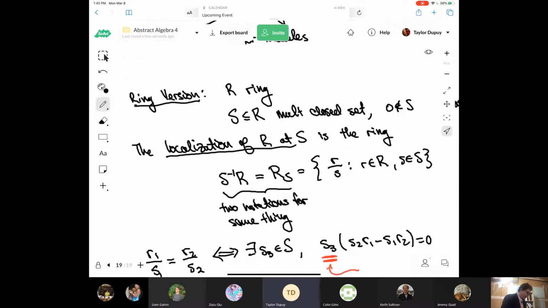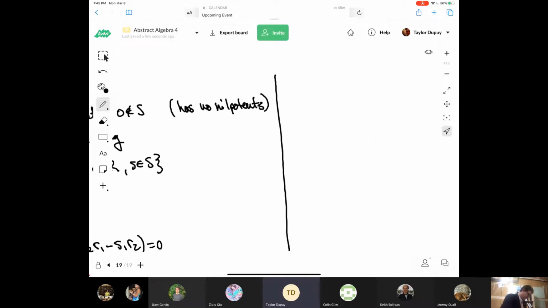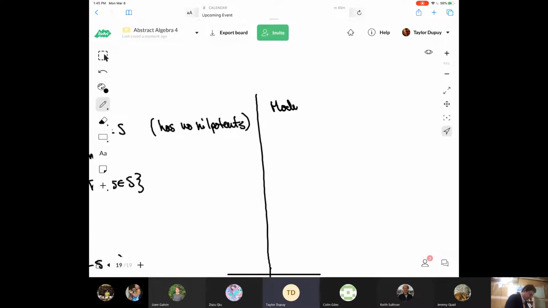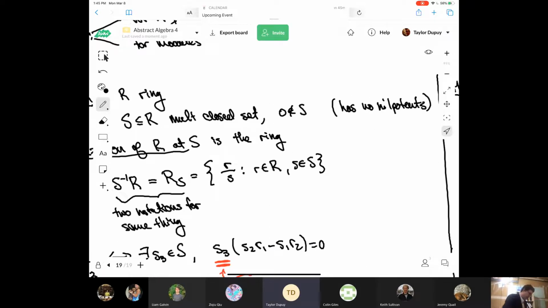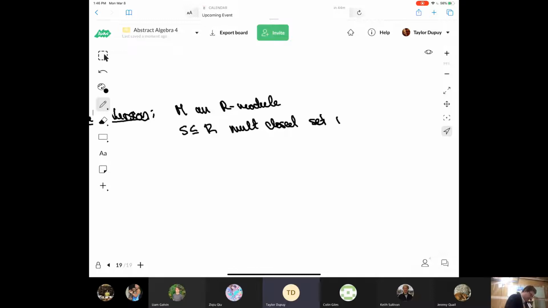Okay, so the module version is rather similar. So now you take M an R-module, and you take S a subset of R, a multiplicatively closed set not containing 0.